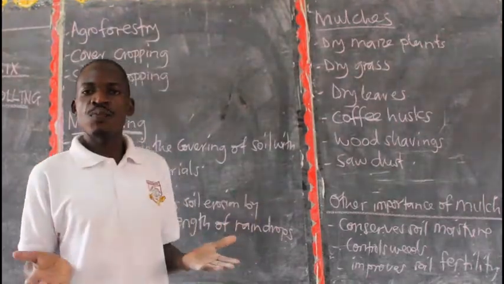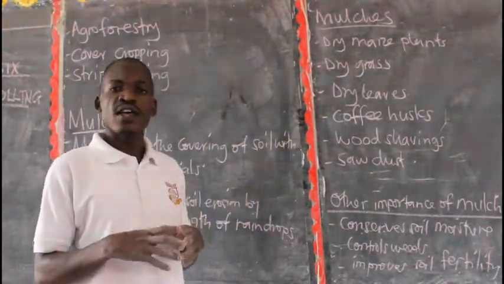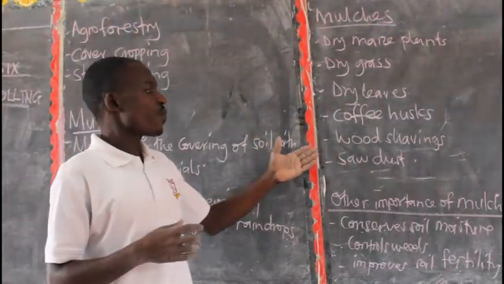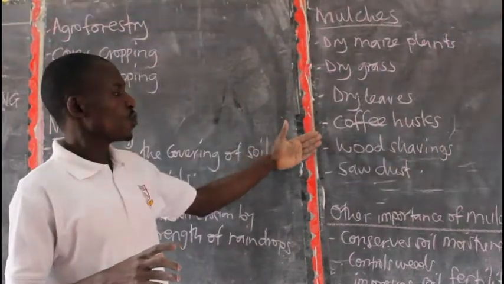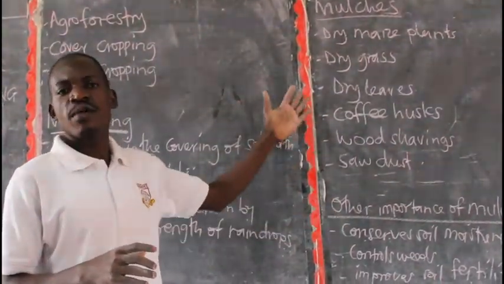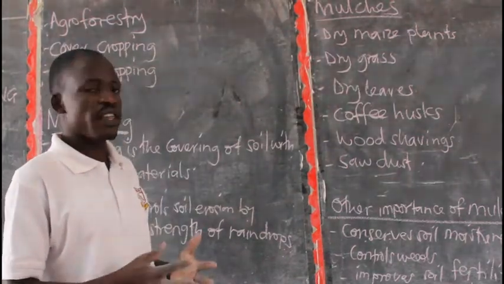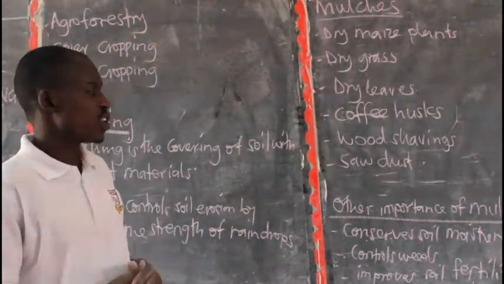Like here in Uganda, people grow coffee, and they can easily access coffee husks. Then we have wood shavings. When you go to areas where they make furniture, they have very many wood shavings left there. You can carry those wood shavings to the garden and use them for mulching.